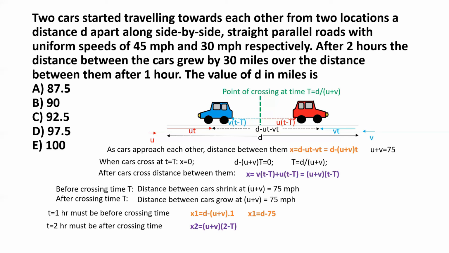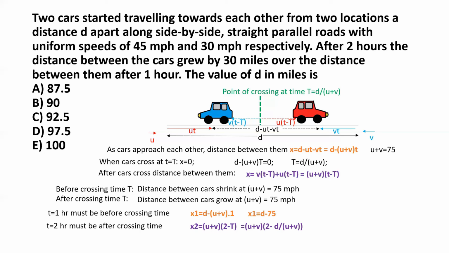And for small t we substitute 2, because small t is the time measured with respect to the starting time. And capital T is basically d divided by u plus v.